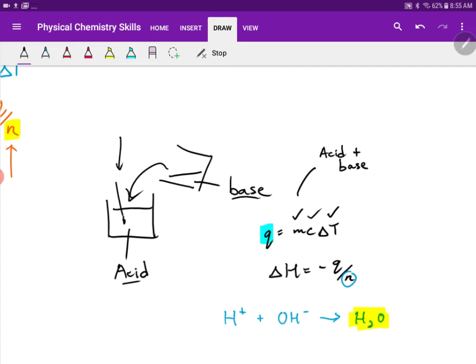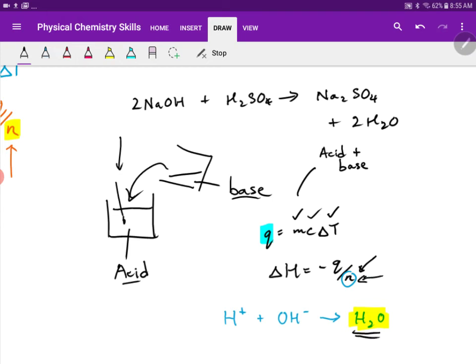Alright, because there are certain cases where we have questions such as this: sodium hydroxide plus H2SO4 to give Na2SO4 and 2H2O. So in such a case, it is very difficult for us to decide which number we should use for this value N over here. So that is why, for simplicity's sake, we will just use the amount of water for this value of N.